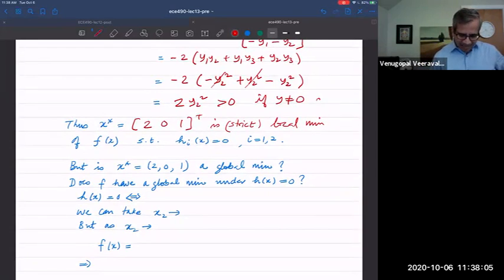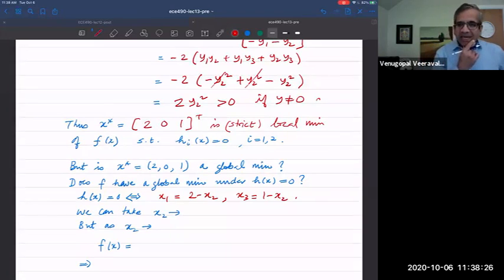Okay. So let's look at the constraint set. The constraint set hx equal to 0 says that x1 is equal to 2 minus x2 and x3 is 1 minus x2. So that's what the two constraints tell us.